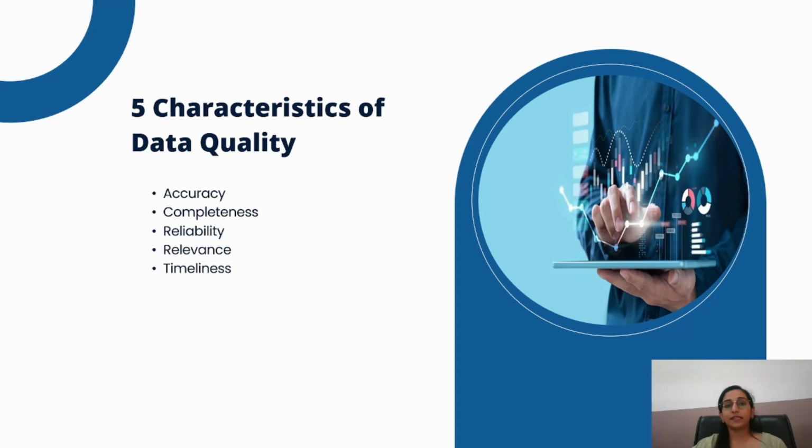The timeliness of information is an important data quality characteristic because information that isn't timely can lead to people making the wrong decisions. In turn, that costs organizations time, money, and reputational damage.